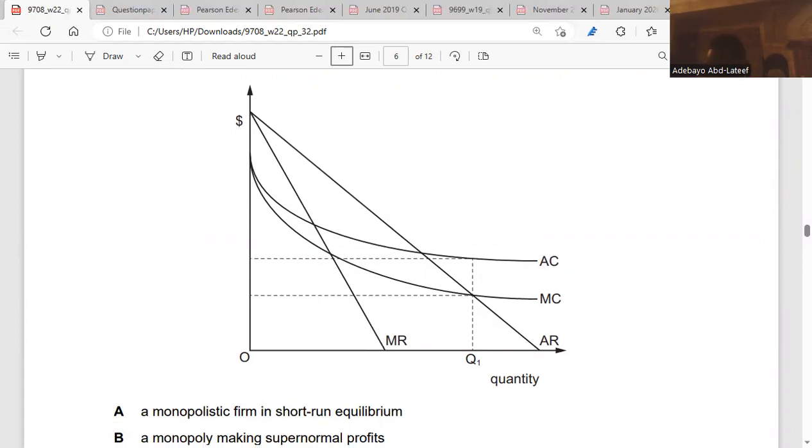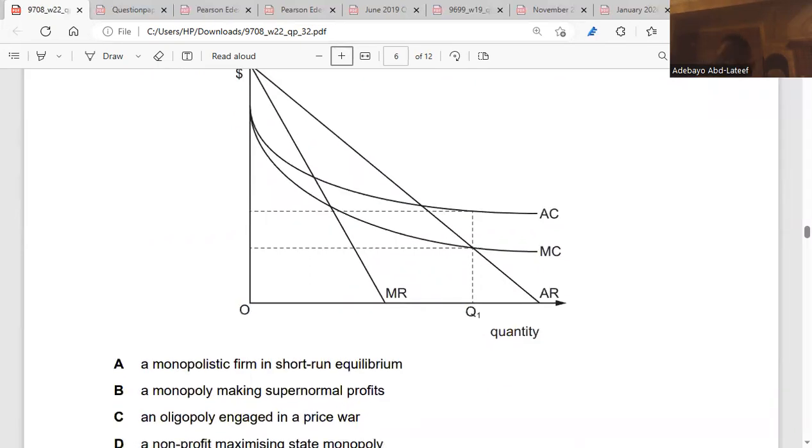That is the first point. But if it starts thinking about average cost with the marginal cost at Q1, we have our average revenue and our marginal cost. Our marginal cost equals our average revenue at Q1. Our marginal cost is less than the average cost at Q1. Those are the two points we have there.